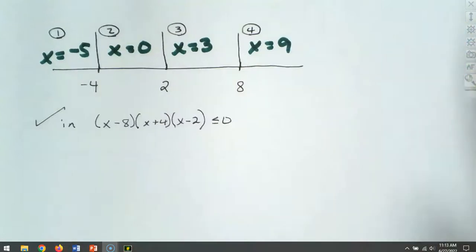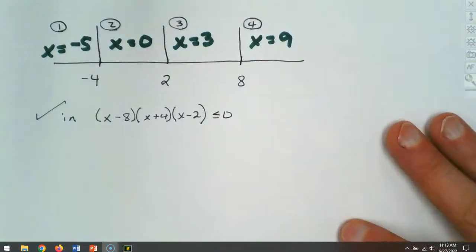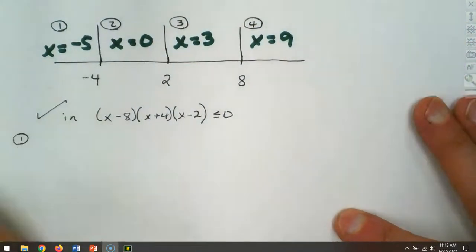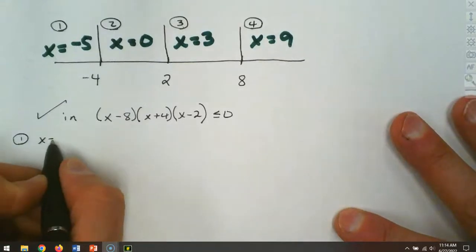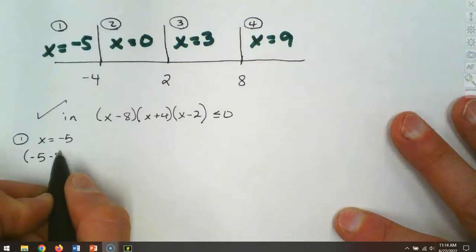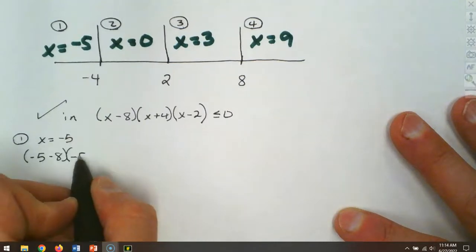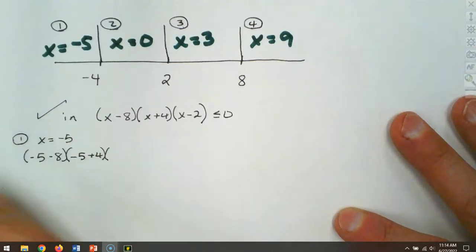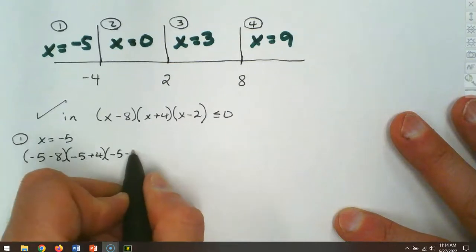We're going to start with region number 1, so we plug in a negative 5: minus 5 minus 8, minus 5 plus 4, and minus 5 minus 2.